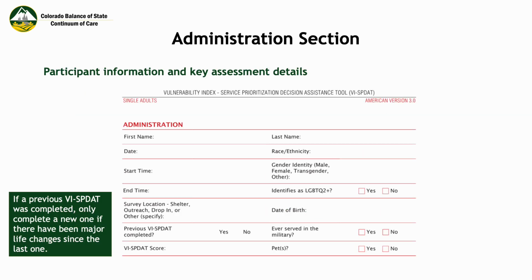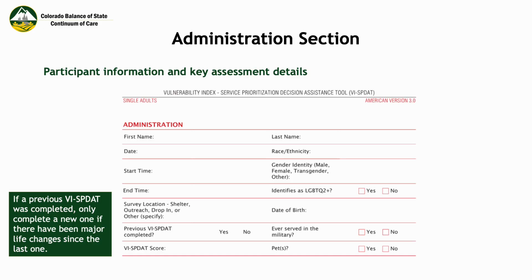Administration section. This section asks about the participant's information and key assessment details. If you've already completed other paperwork, like the HMIS intake document, you do not need to ask questions again when you already have the information.